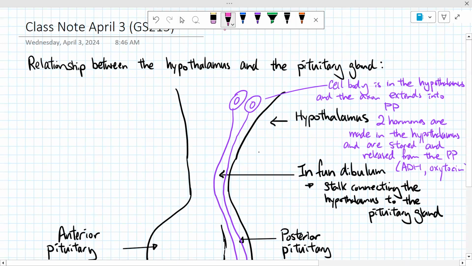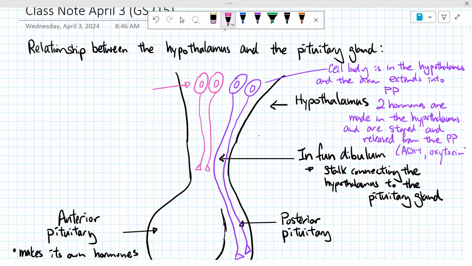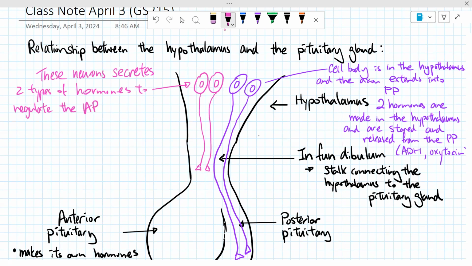So there is another group of neurons. These neurons don't go all the way, and their axons kind of stop at the infundibulum. These neurons secrete two types of hormones to regulate the anterior pituitary gland.